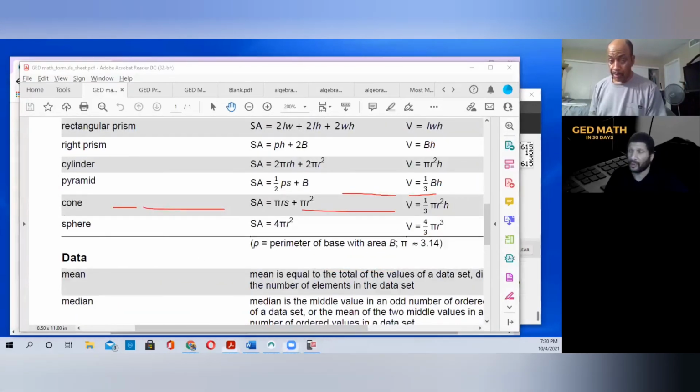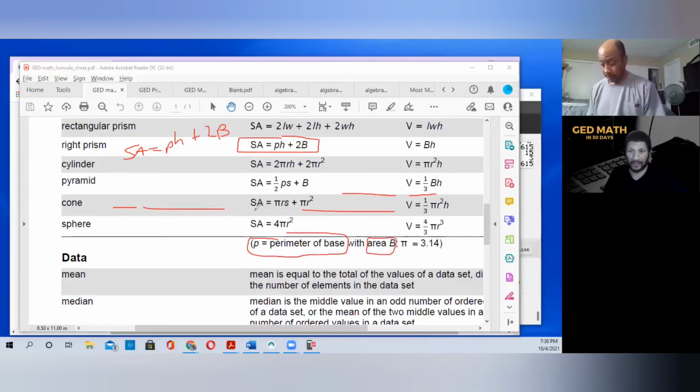So if you look here, it says SA is equal to P times H plus 2 times B. I never seen that formula before, but they tell you right here, P is the perimeter of the base, B is the area of the base. So that's important for you to understand. The P stands for perimeter of the base, capital B stands for the area of the base.